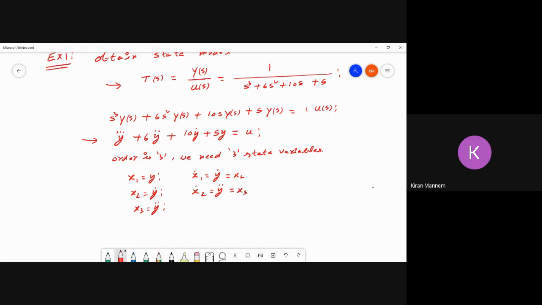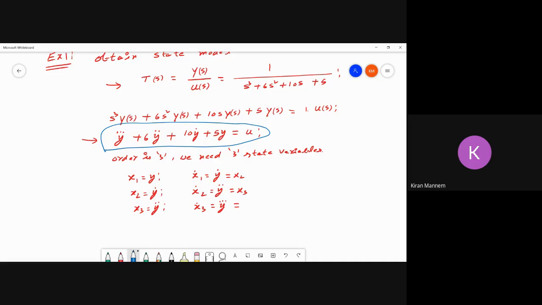Now what about the last one, x dot 3, which is nothing but your y triple dot? How do you get it? From the time domain equation. This is the only critical point in this phase variable: finding the last state variable from the equation.